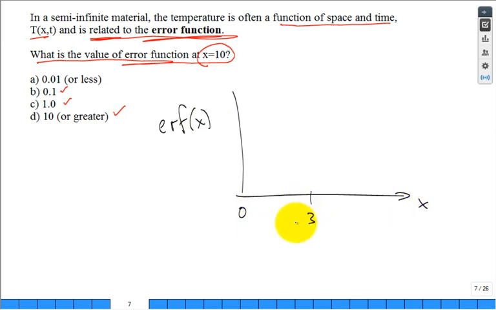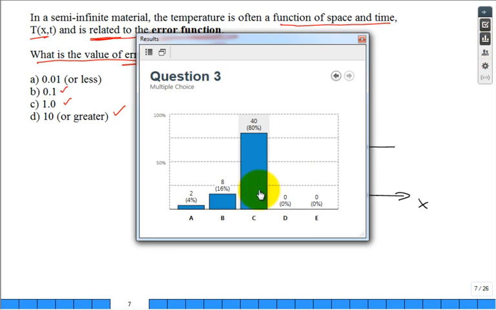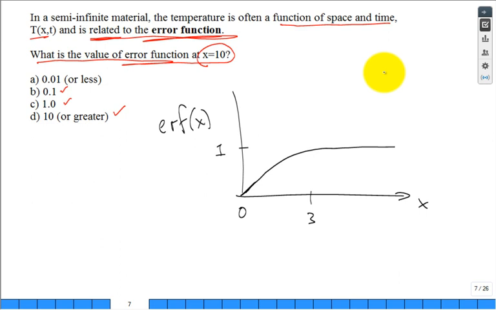About 3, they stopped the data on the table because it was already close to 1. It went almost as a straight line right in here. It really wasn't that exciting of a function. So the best answer was, perfect, it's about 1. Because if I go out here to 10, it's 1.